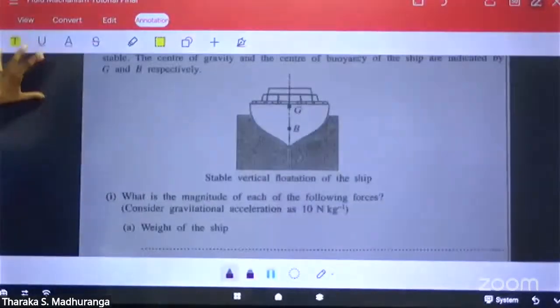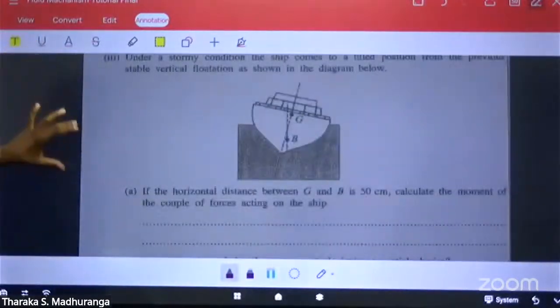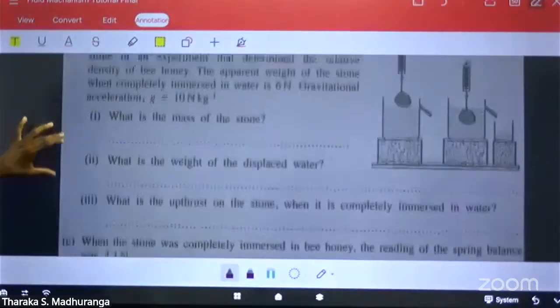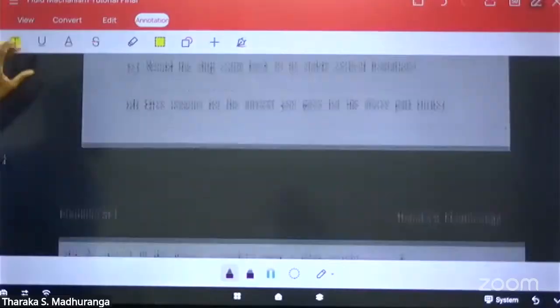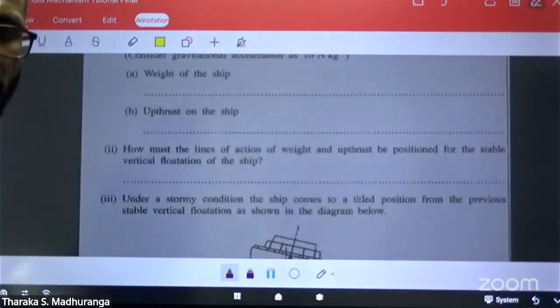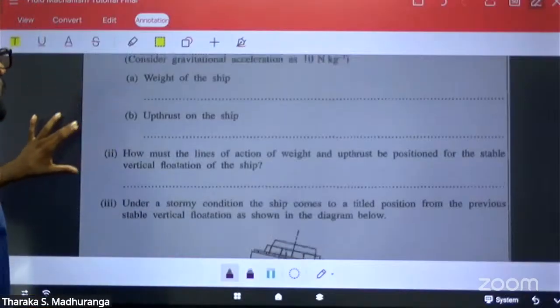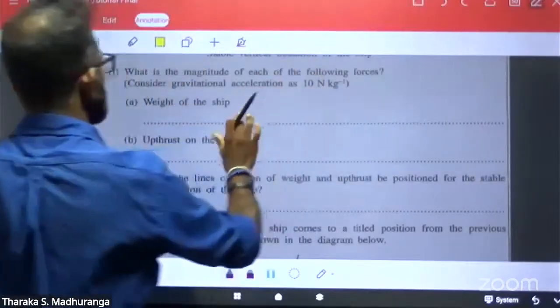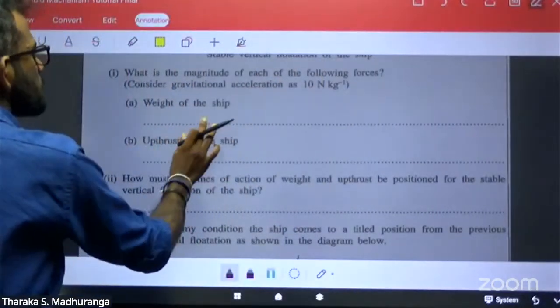This is a small question, a small question in the exam. You have two parts for homework. Okay, you have two questions for homework. If you have time, we can discuss.